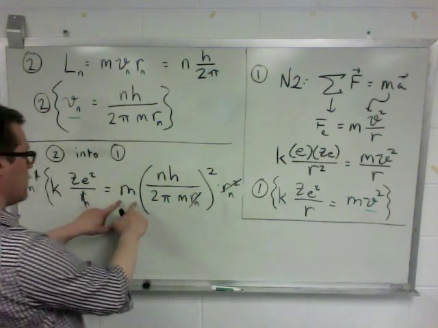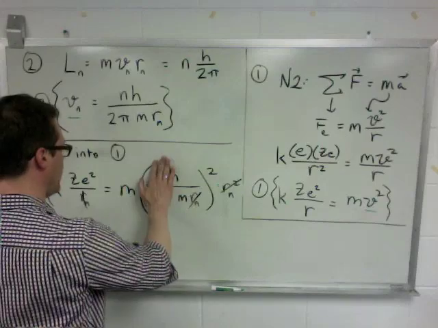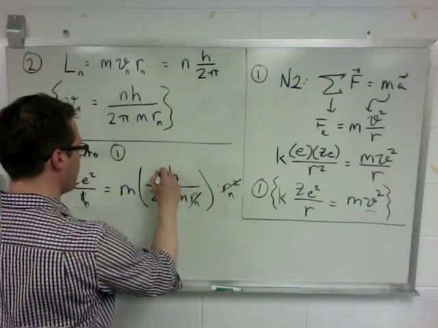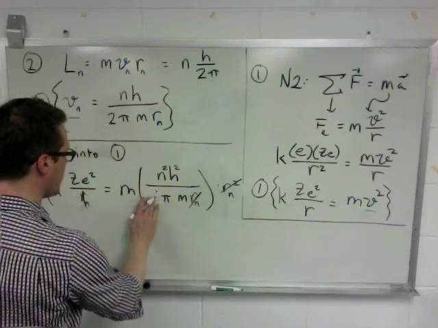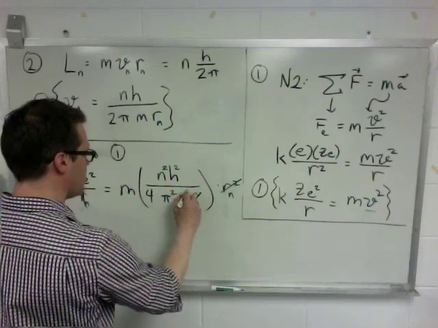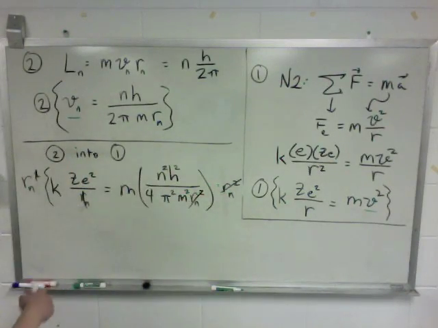And notice also that I've got an m divided by m squared. So let me carry my squared throughout here so I don't get too tangled up. 2 squared is 4, pi squared is pi squared, and then my r squared got canceled by that guy. So I'm left with this stuff.